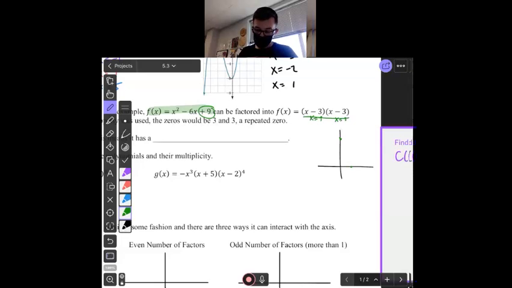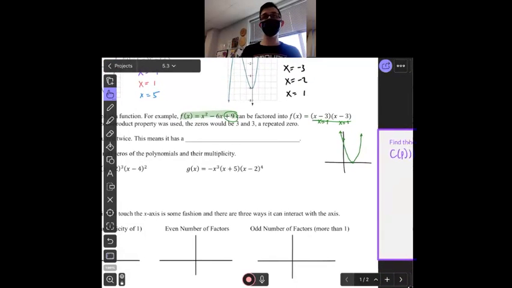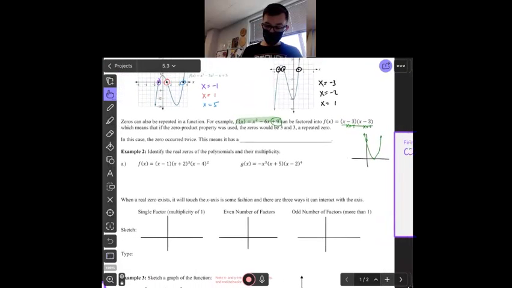What this graph ends up doing is bouncing at 3. And I know it's something I talked to my Algebra 2 students about last year, the idea of a bounce in a graph. Okay? What we're seeing here is what they're calling a repeated zero. Okay?